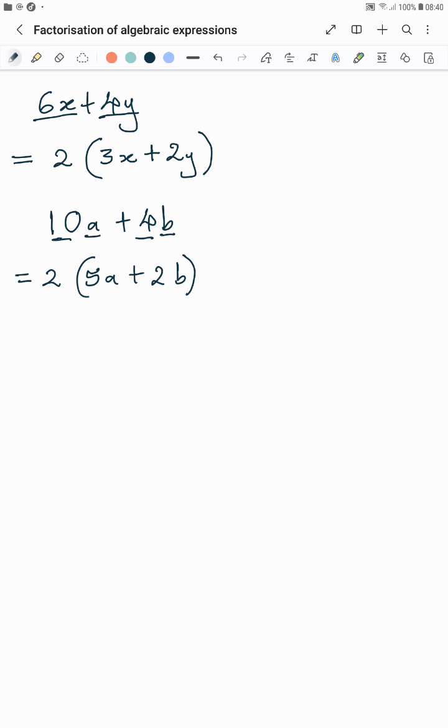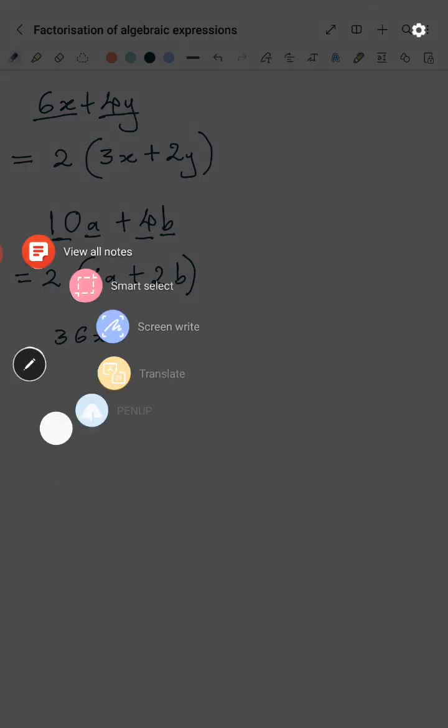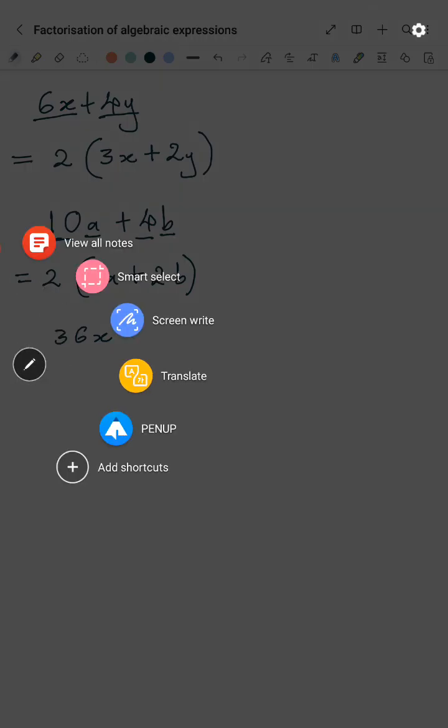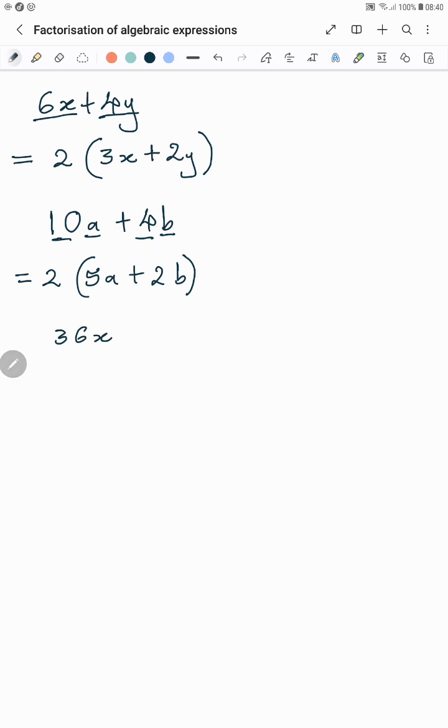So factorization is not limited to only 2 expressions or 2 terms. So we're going to try and look at one with more than 2 terms. So if we have a question that says 36x minus 60y plus 96z.